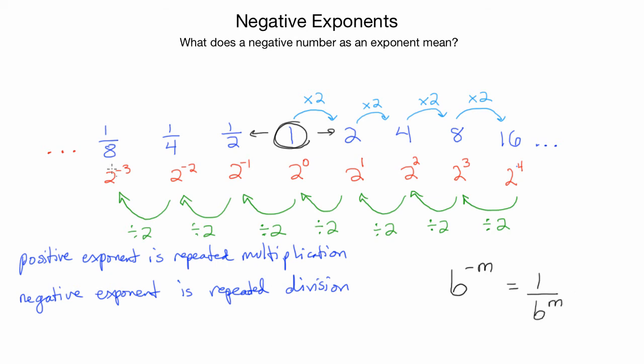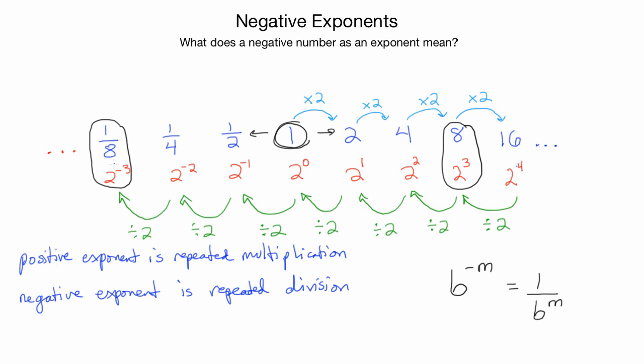So you can see 8 is 2 to the 3rd, but instead of 2 to the positive 3rd being 2 times 2 times 2, 2 to the negative 3rd is 1 divided by 2 times 2 times 2, which is 1 divided by 8. You can see that flip-flopping opposite pattern happening. Instead of multiplying 2 times 2 times 2, we have division: divided by 2, divided by 2, divided by 2.